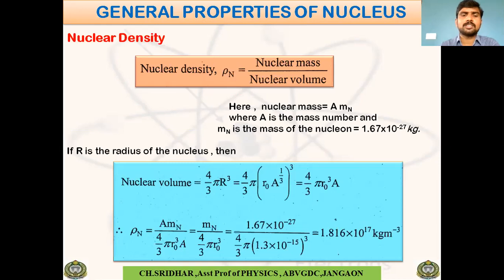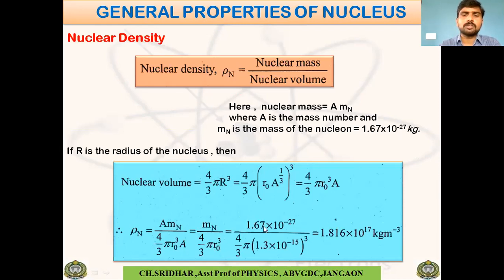We are left with the formula for the density as Mn divided by 4 by 3 pi r naught cube, where r naught is a constant, the radius of the hydrogen nucleus, and 4, 3 and pi are all constants. Mn is the mass of the nucleon, which is also a constant.